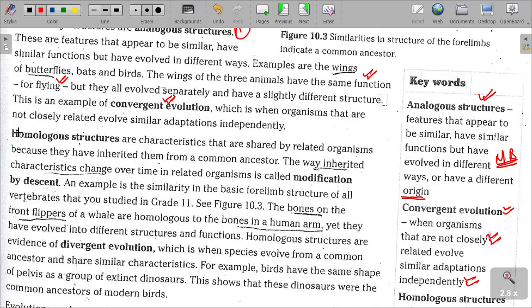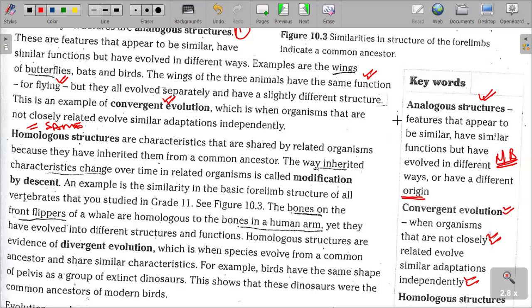Let us quickly go on, still on modification by descent and structural similarities. We also need to talk about homologous structures. Homo means same. Homologous structures are characteristics shared by related organisms because they inherited them from a common ancestor.